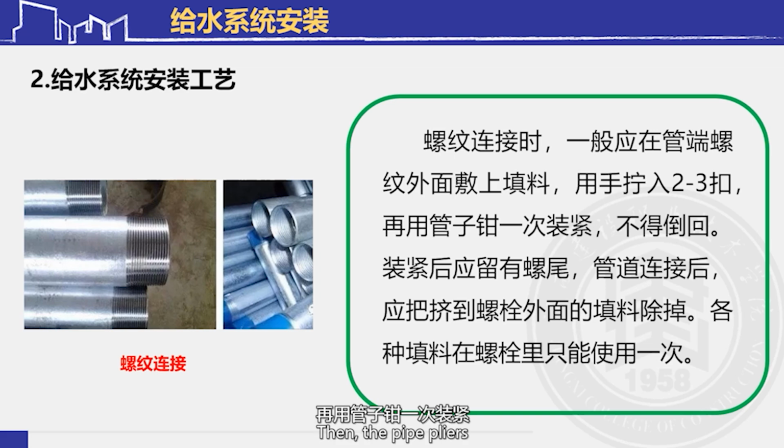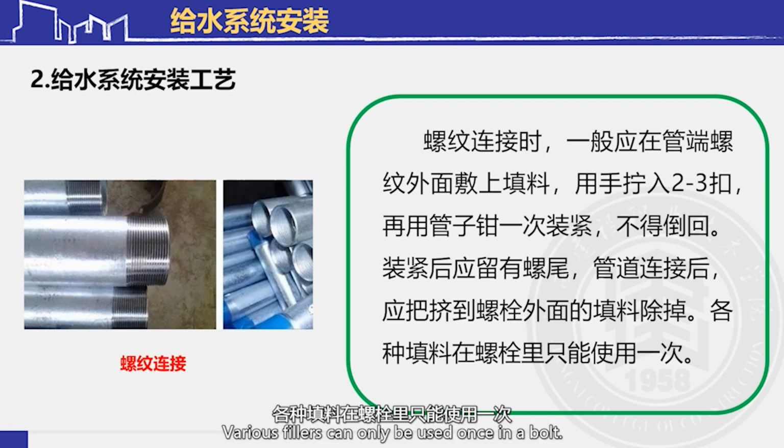Then, the pipe pliers should be used to tighten the pipe once. The screw tail should be left after tight installation, and the filler squeezed outside the bolt should be removed after the pipe is connected. Various fillers can only be used once in a bolt.